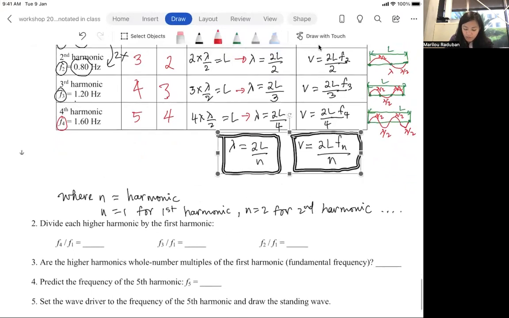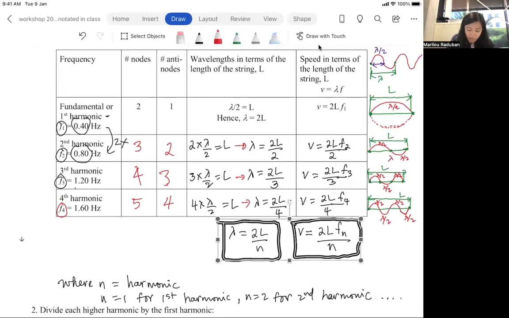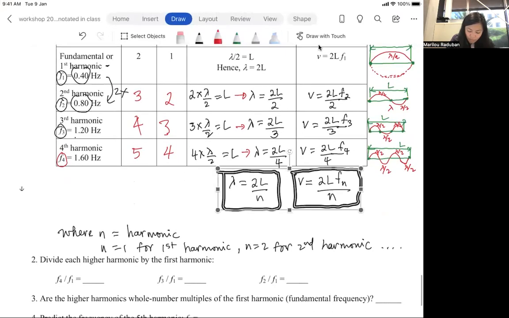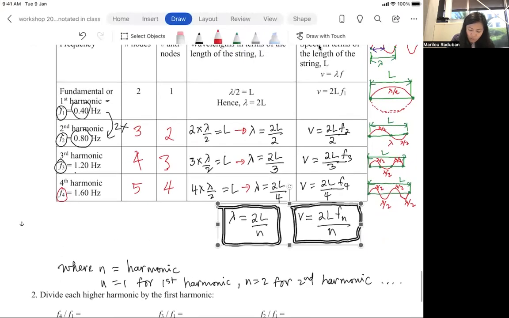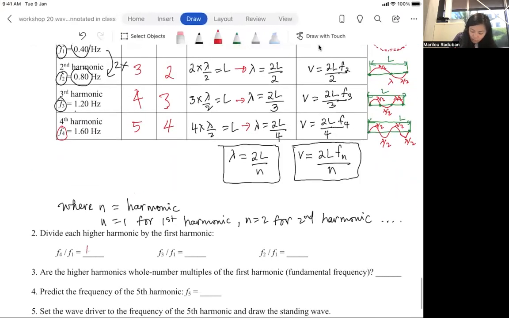And if you divide the higher harmonic frequencies, so if you notice here, going from F1 to F2, you doubled it. If you go F4 divided by F1, F4 is 1.6, 1.6 divided by 0.4, that's equal to 4. F3 divided by F1, 1.2 hertz divided by 0.4, you get 3. F2 divided by F1, 0.8 divided by 0.4, you get 2.